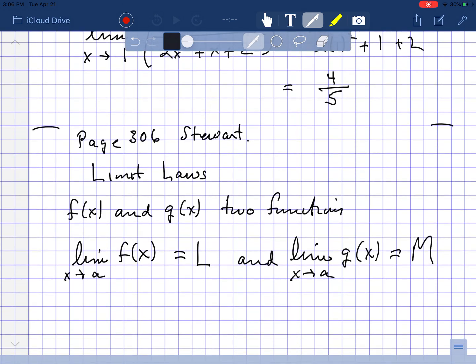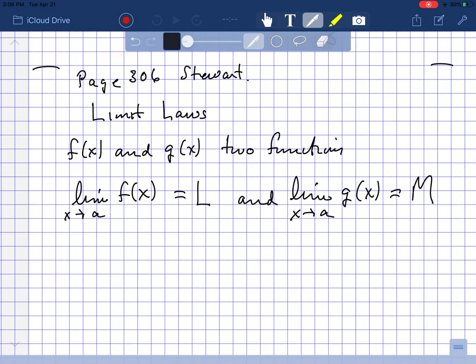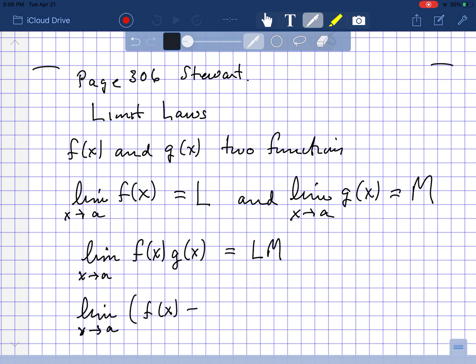Okay? Then I have the following. I have the limit as x approaches a of f of x times g of x. This is equal to L times m. The limit as x approaches a of f of x plus g of x is just equal to L plus m.